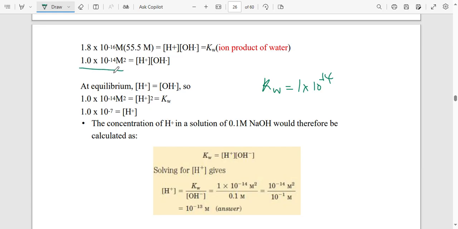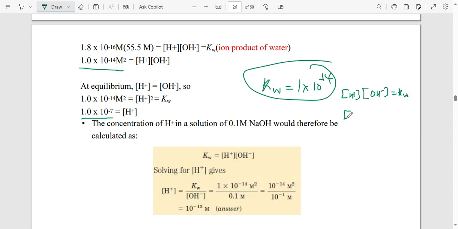It's this one here. That will mean that the concentration of hydrogen alone is 1 times 10 to the power negative 7, and also the hydroxide is that same one. So since we know the Kw, we can say concentration of hydrogen times concentration of hydroxide is equal to Kw.